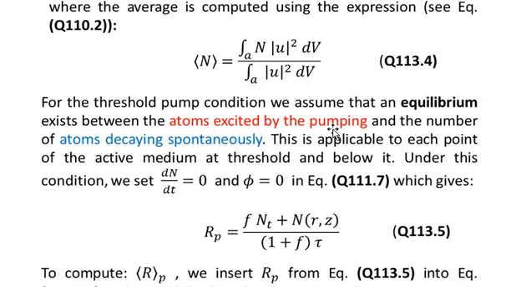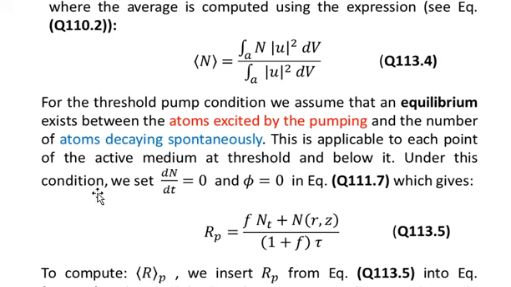That is, the atoms excited by the pumping and the number of atoms decaying spontaneously. This is applicable to each point of the active medium at threshold and below threshold. These two conditions shown in red and blue hold at the threshold conditions and even at conditions below the threshold value.